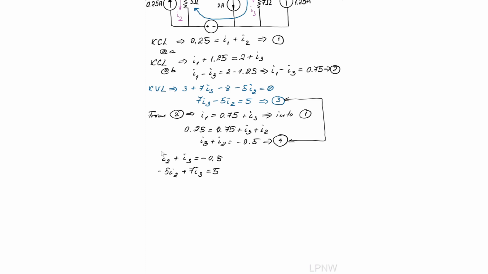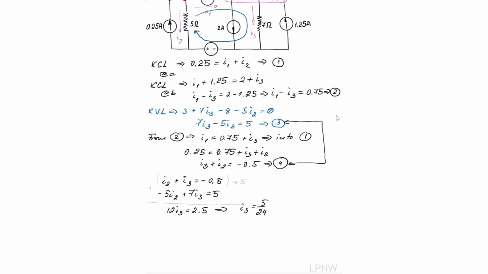I will simplify a little bit here. To avoid matrix calculations, I will just multiply by 5 and add the 2 expressions, and I will end up with 12I3 equals 2.5. From here, I can pull out I3 being 5 over 24. Now the current I3, if I go back to the diagram, goes through the 7 ohm resistor, which means at this stage I could calculate the power related to the 7 ohm resistor.